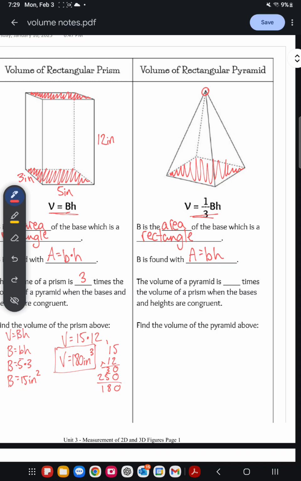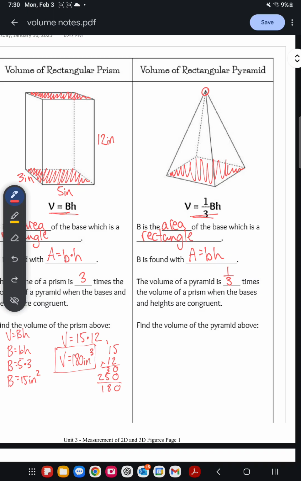All right, so the volume of a pyramid is 1/3. It is a third of the volume of a prism when the bases and heights are congruent. So if the measurements are the same, 3 pyramids can fit inside one prism. So we want to be able to find the volume of the pyramid above.